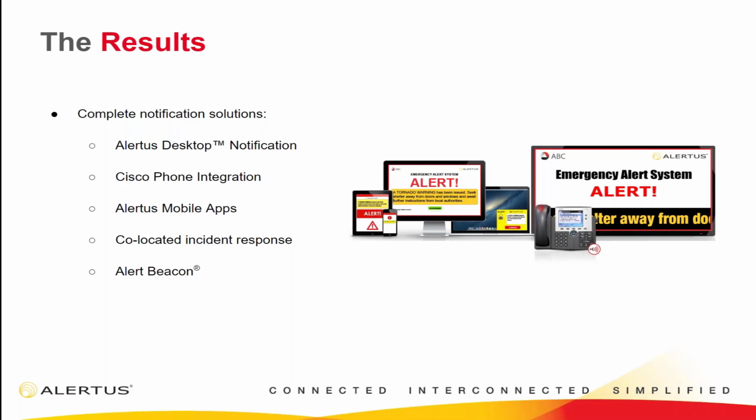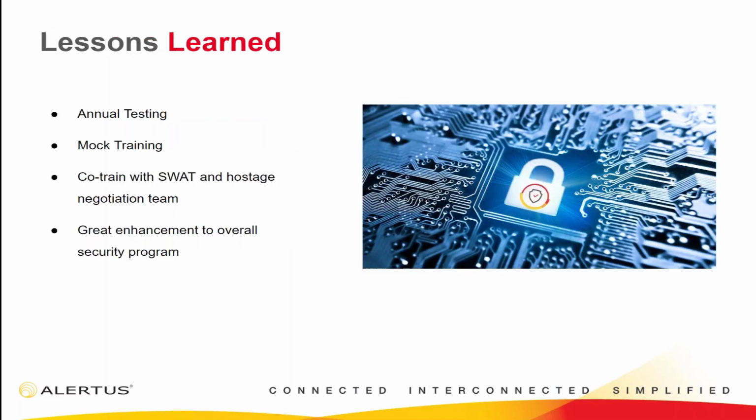We took the Alert Asst button and co-located it with our lockdown system, next to the door on our way out, so we could hit that button and vacate the building.